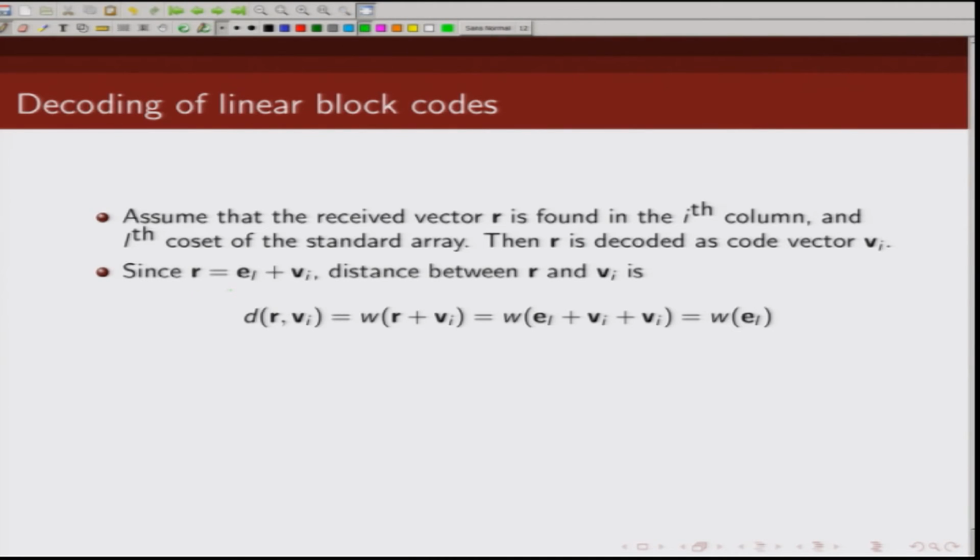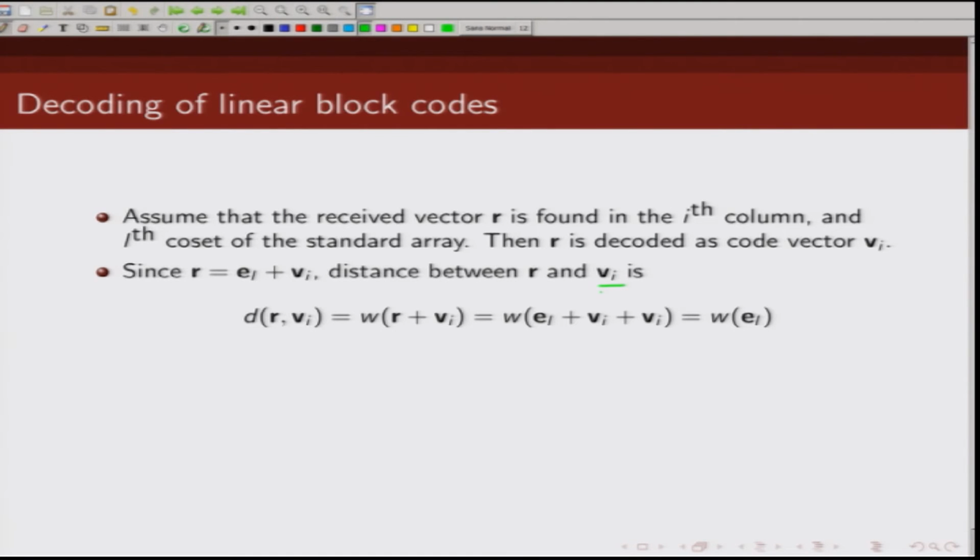Now, our received vector is in the ith column and lth coset. So, the error pattern is e sub l. Our received sequence is our transmitted code word plus the error pattern. Now, let us try to find the Hamming distance between our received vector and this code vector Vi, and the Hamming distance between the received vector and some other code word.